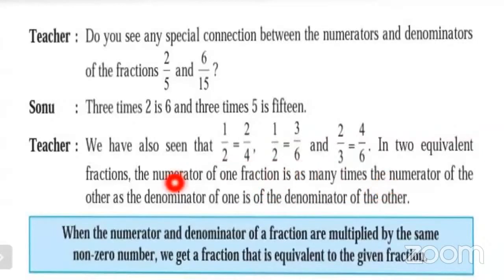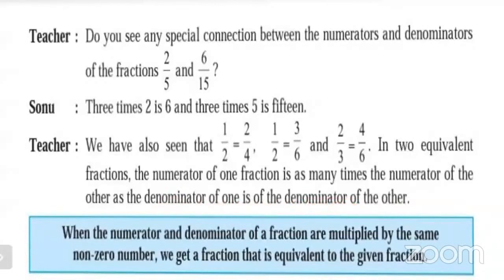Okay, so what does it mean? Finally, look at here. When the numerator and denominator of a fraction are multiplied by the same non-zero number, we get a fraction that is equivalent to the given fraction.